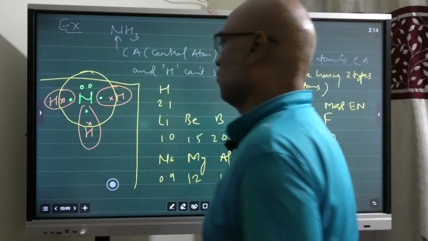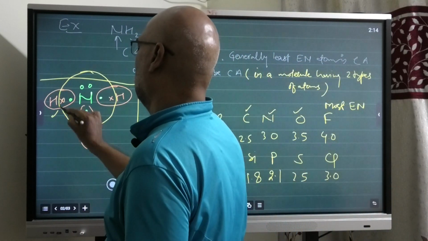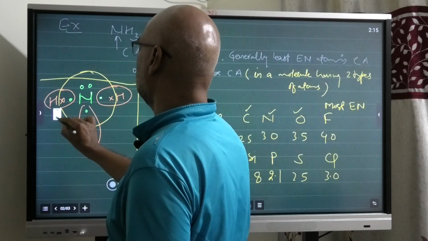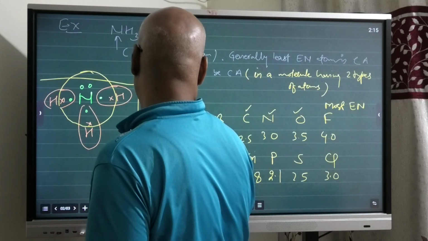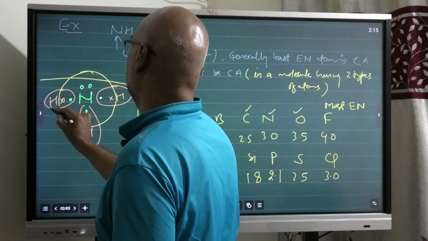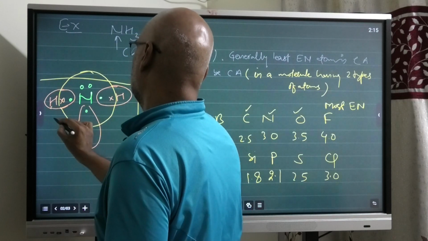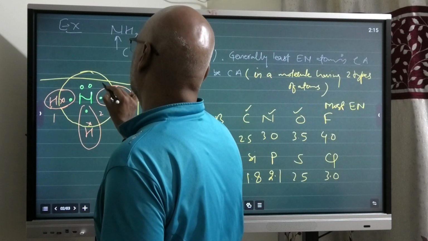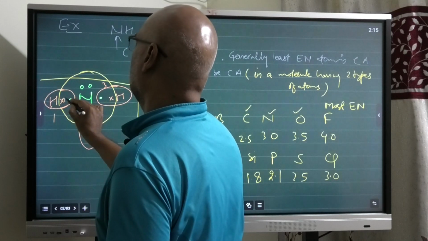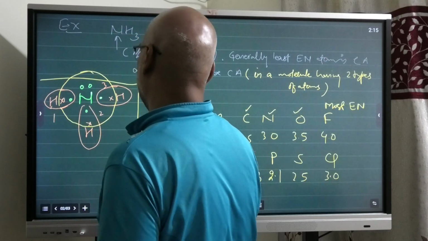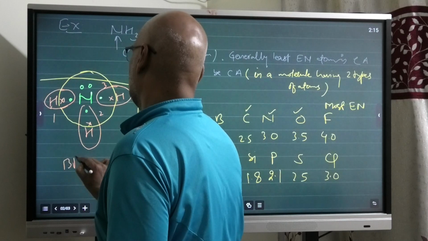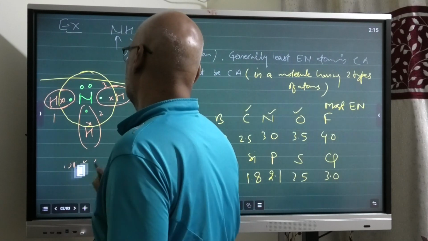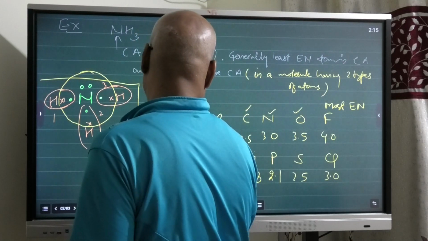So here you can count 1, 2, 3. So this is basically duplet. Okay, I'll give the number 1 bond pair, 2 bond pair, 3 bond pair. So there are 1, 2, 3 bond pairs. So BP is equal to 3, and obviously you can see lone pair is 1.